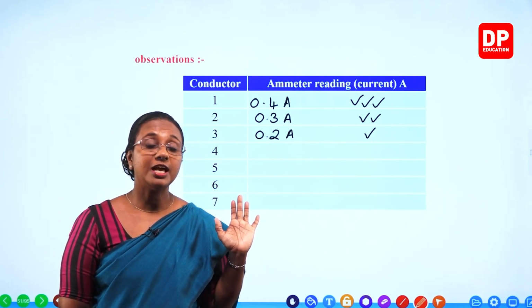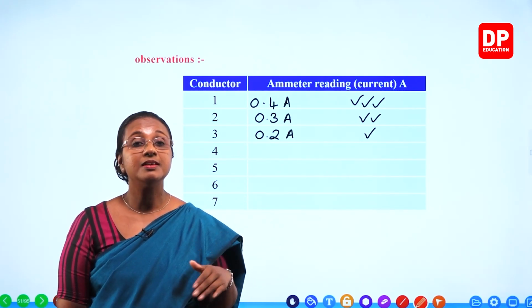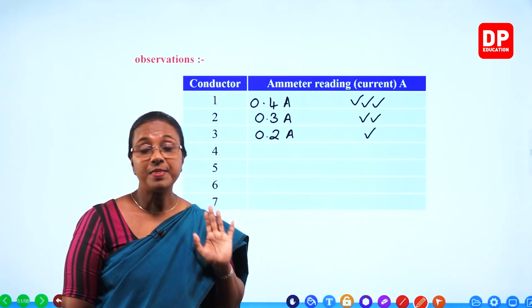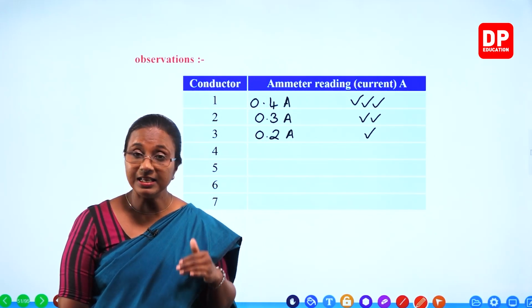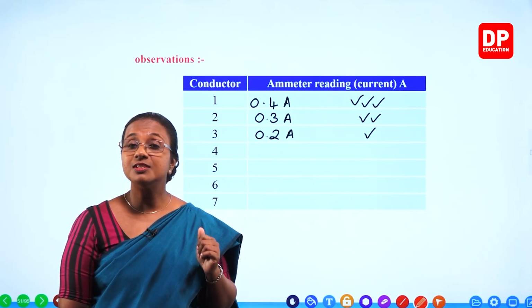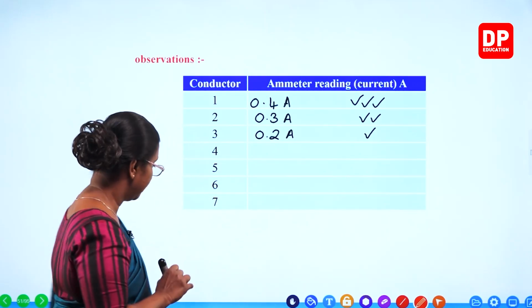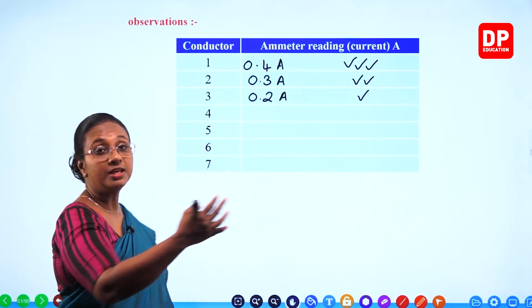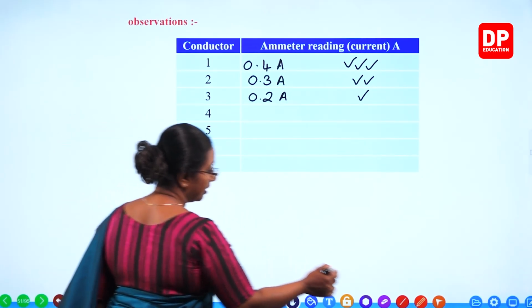So from that, what can you understand? Current decreases means the resistance increases. So you can understand when cross-sectional area decreases, the resistance of the conductor increases. That is one thing you need to understand. We will be writing down the conclusion again as well, but once I will write it here also.